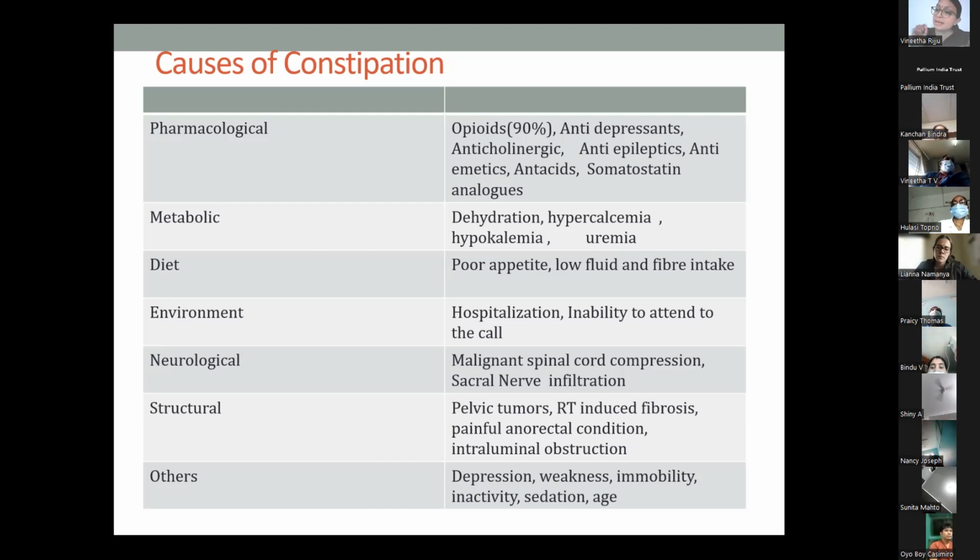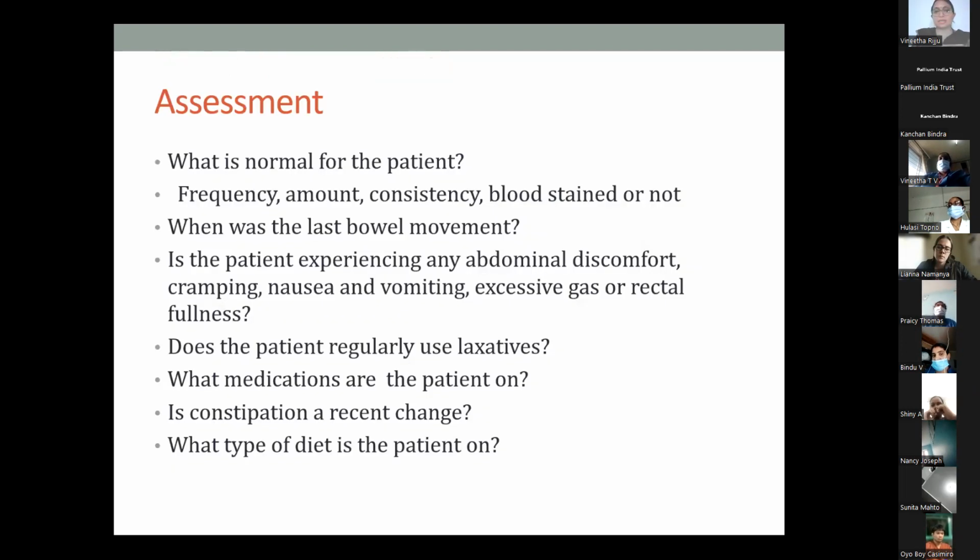And these tears started paining so much that every time he tried to put pressure to pass motion, the anal orifice would stretch, and this would cause more pain. And this itself would aggravate the constipation, right? And also other conditions like depression, weakness, immobility, inactivity, old age, all this can contribute to constipation.